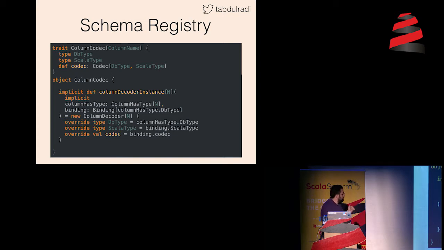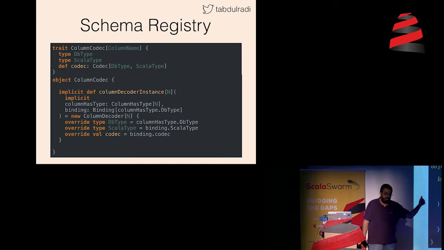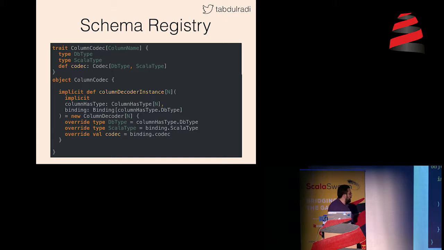First step, please find me a ColumnHasType instance. Please find out what's the schema type for that. If you got it, now please search for a binding from whatever database type you found and give me back the binding. If you got those two, I should be able to define the column decoder. It's simple, just the types here, the implementation is just straightforward.